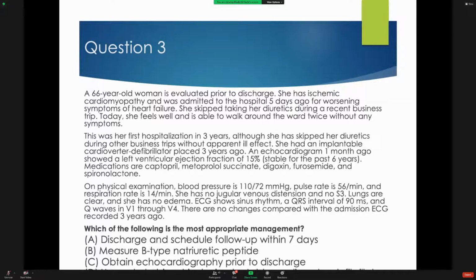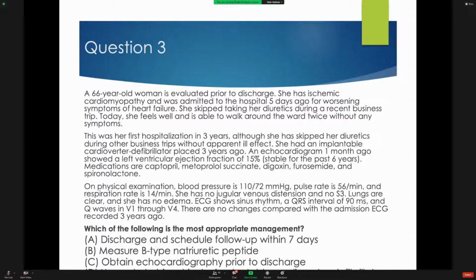A 66-year-old woman is evaluated prior to discharge. She has ischemic cardiomyopathy and was admitted to the hospital 5 days ago for worsening symptoms of heart failure. She skipped taking her diuretics during a recent business trip. Today she feels well and is able to walk around the ward twice without any symptoms. This was her first hospitalization in 3 years.